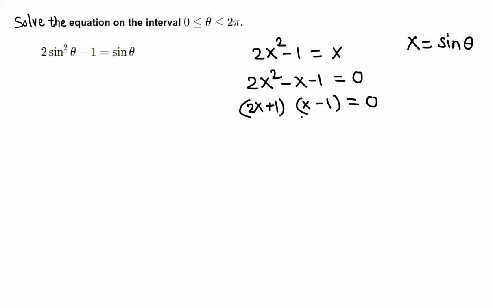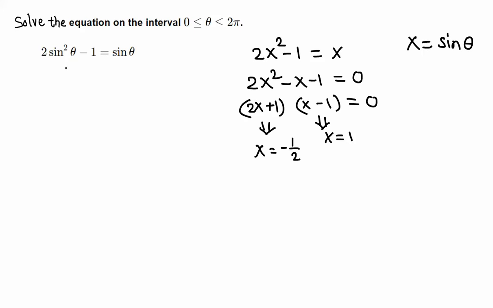That's the inner, that will be positive x, and negative 2x plus x gives negative x. So this factoring is good, and from this factor we get x equals 1, and from this factor we get 2x plus 1 equals 0. Move 1 over, negative 1, divide by 2, so x equals negative 1/2.